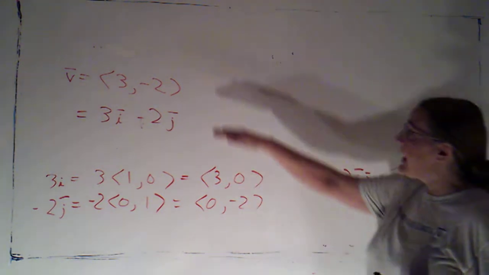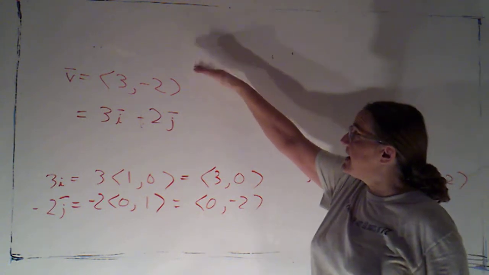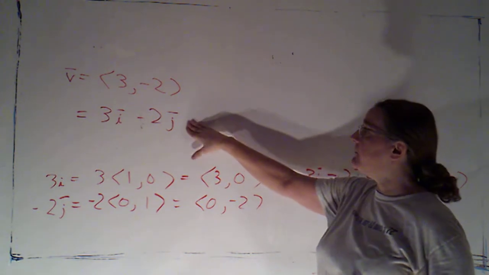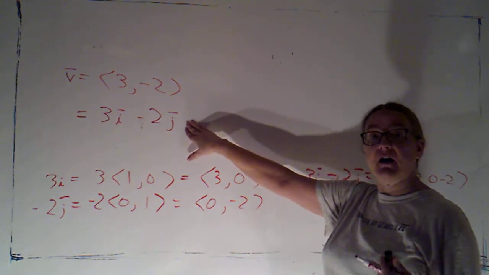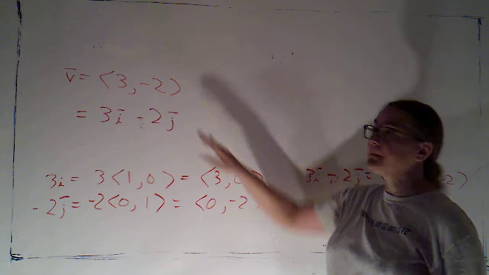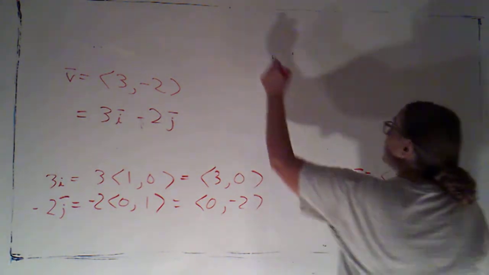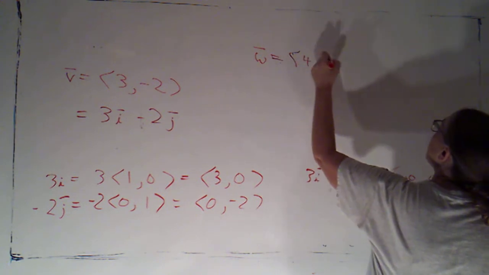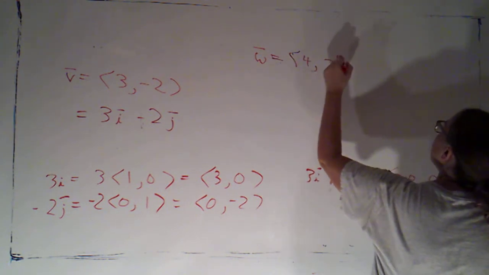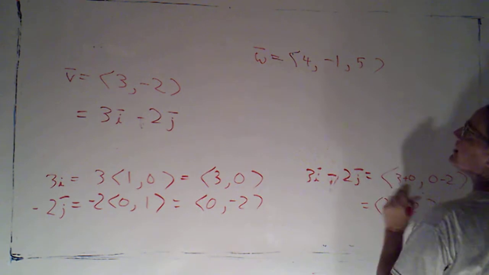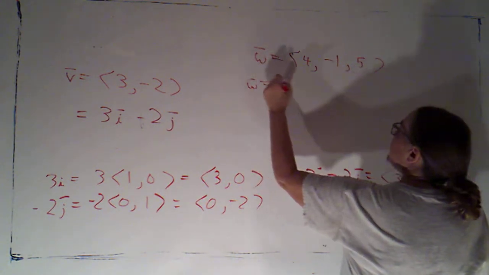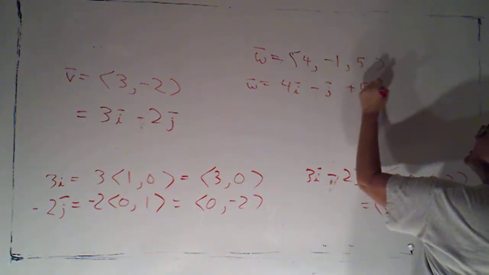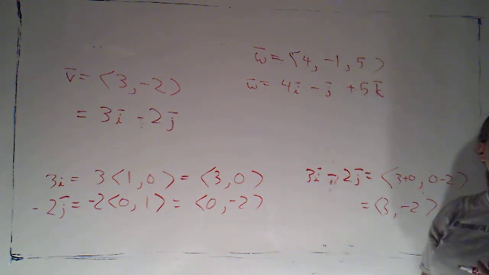So I can write any vector in 2 space in component form using this bracket notation, or I can write it as a linear combination of some i's plus some j's. If I have a vector w in 3 space, let's just say I've got 4, -1, 5, that's going to be 4 copies of i minus 1 copy of j plus 5 copies of k.